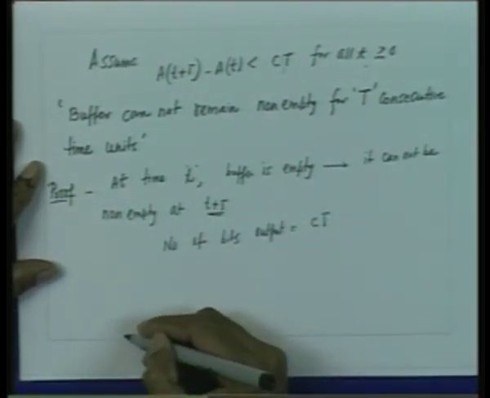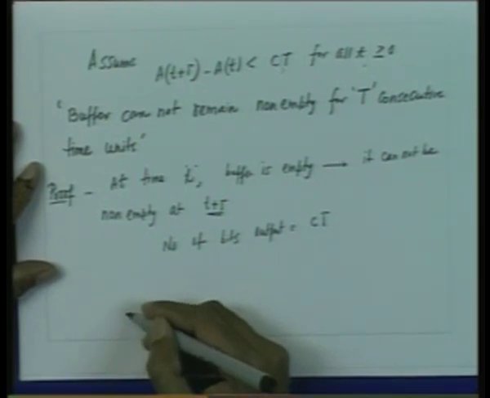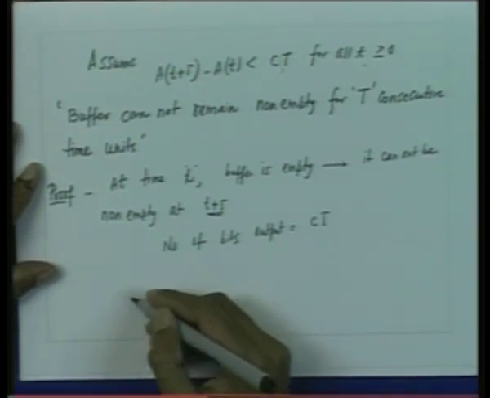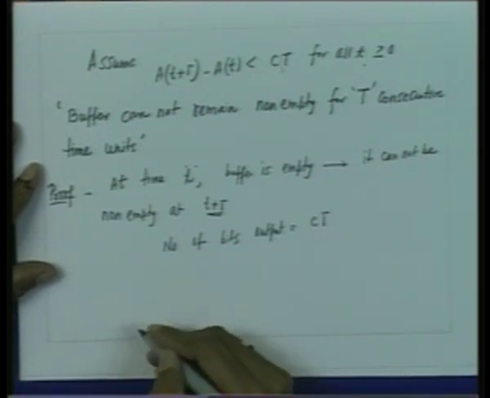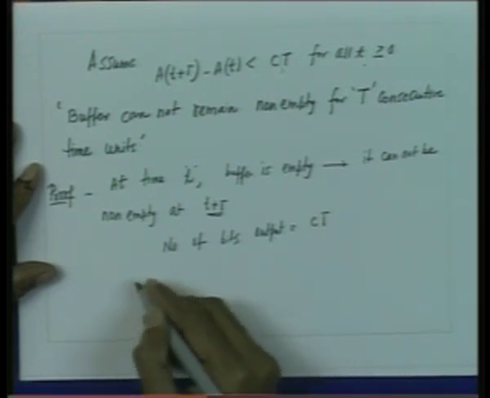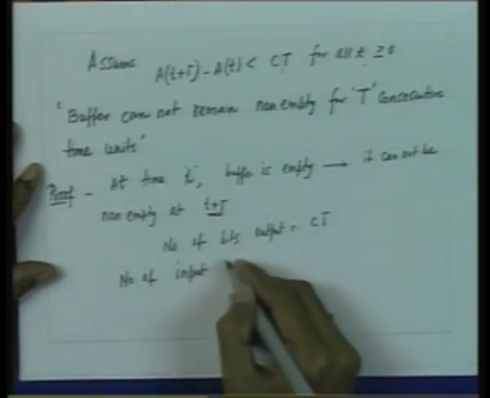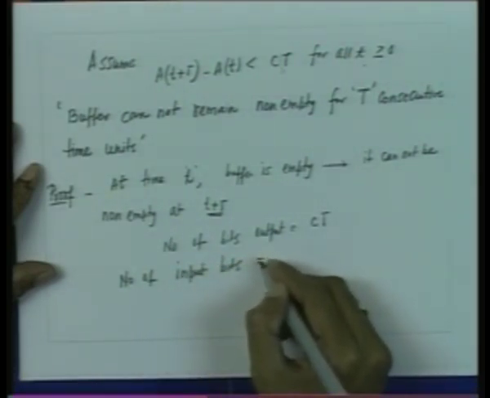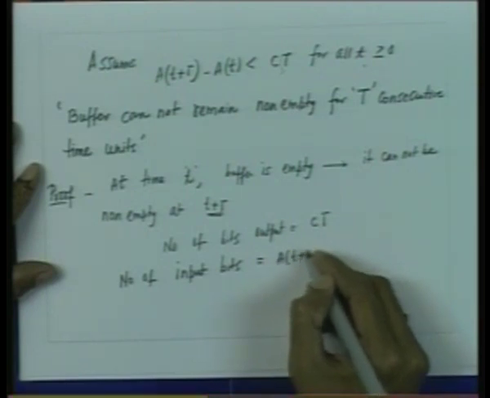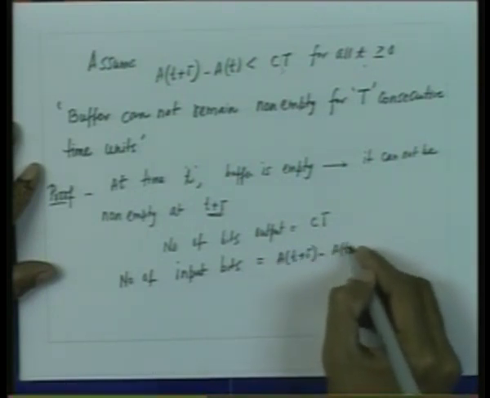Okay. Now assume that the buffer is non-empty at t plus T. Then the number of input bits is equal to A(t+T) minus A(t).